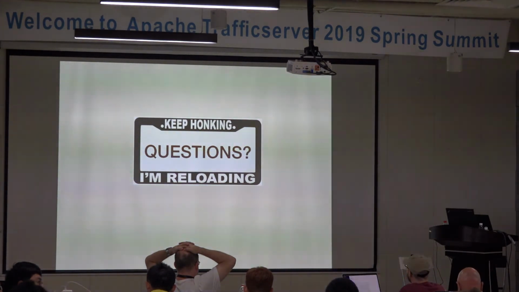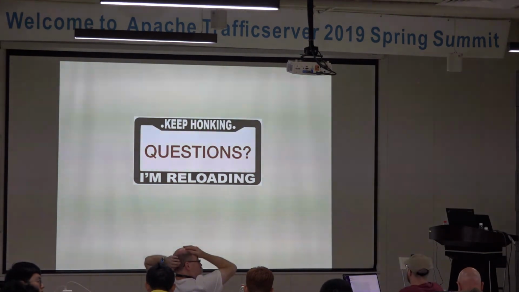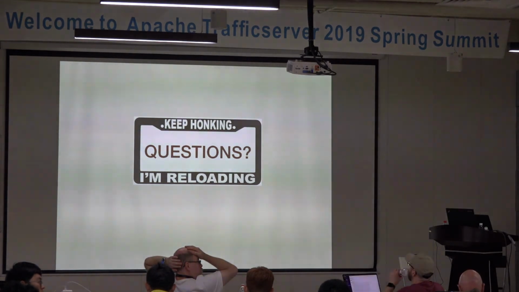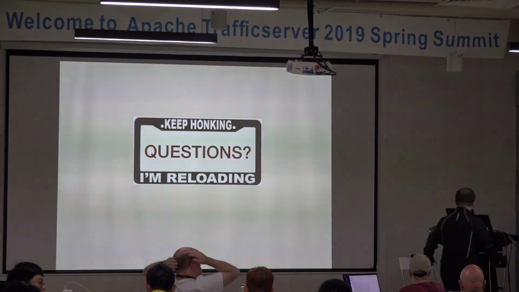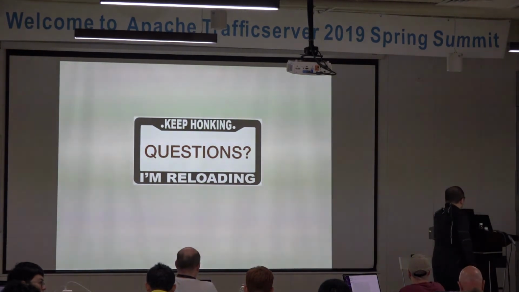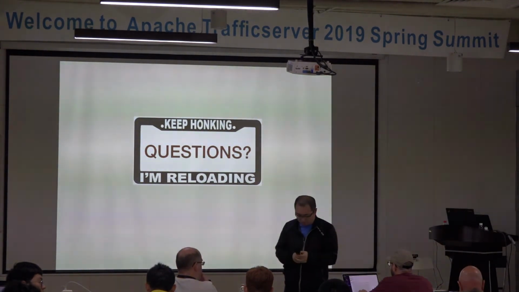So if you add a new API to your Lua thing, then I have to restart. Yes, so you can't do that for however long. But if you get a new API, then you're getting a new version of ATS. This kind of says you don't have to wait for the new version.